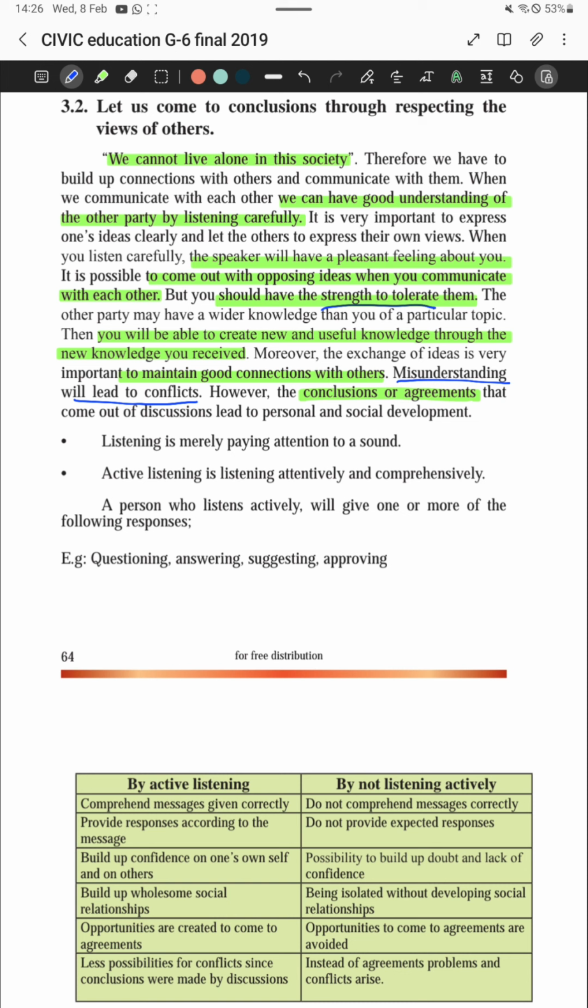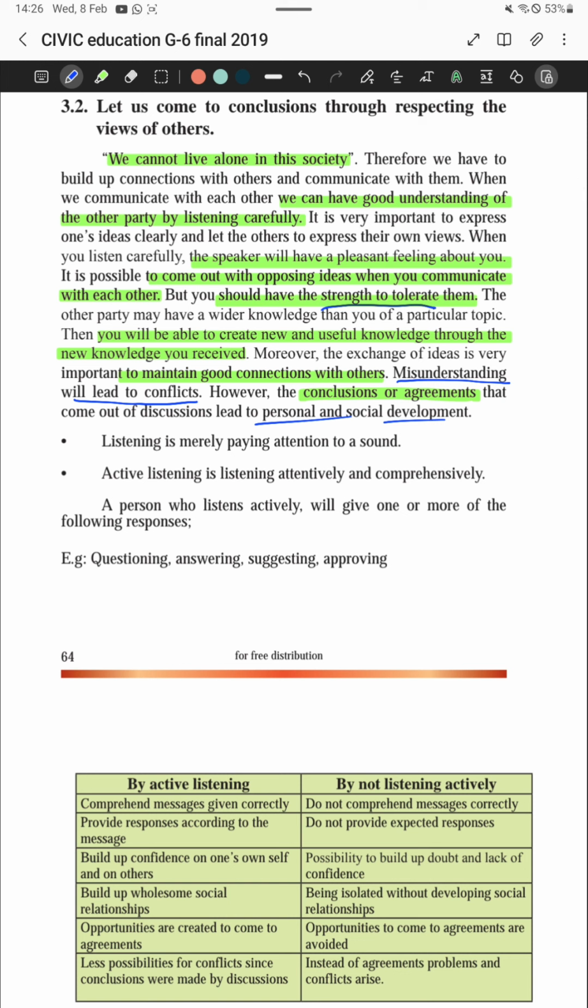But if you have a great, positive conversation with the other person, then the conclusions and agreements that come out of the discussion will lead to personal and social development. So for your personal and social development, it is a good thing to have a good connection between the other party and you.